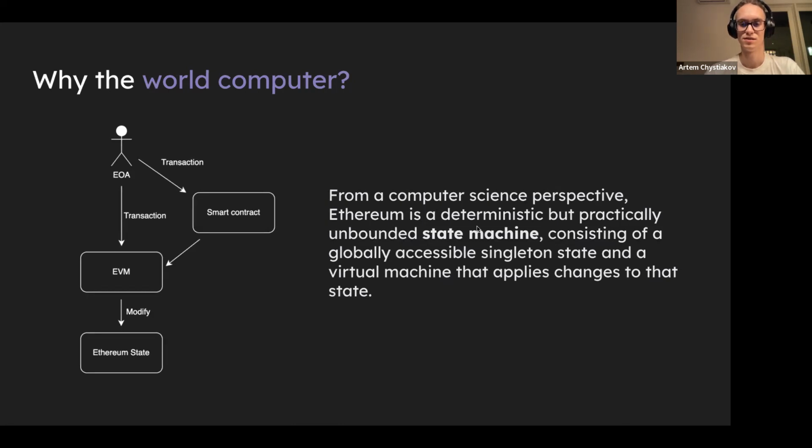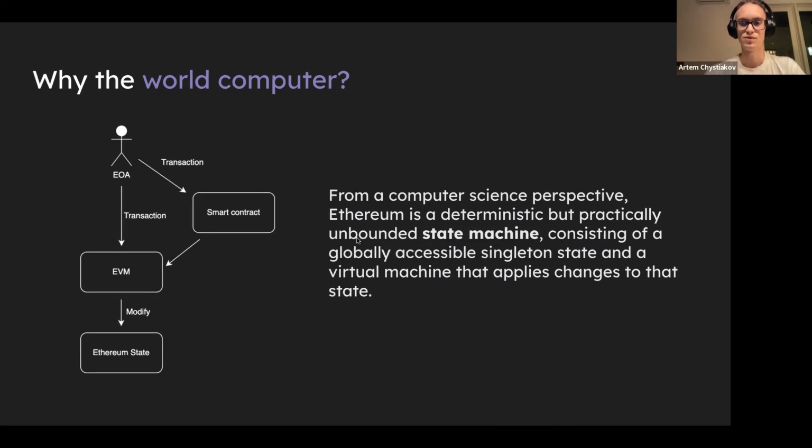It is deterministic, meaning that there is no random on-chain, and there are no side effects. Every opcode, every step of the program is deterministic, and you can expect the outcome of the execution with 100% determinism.